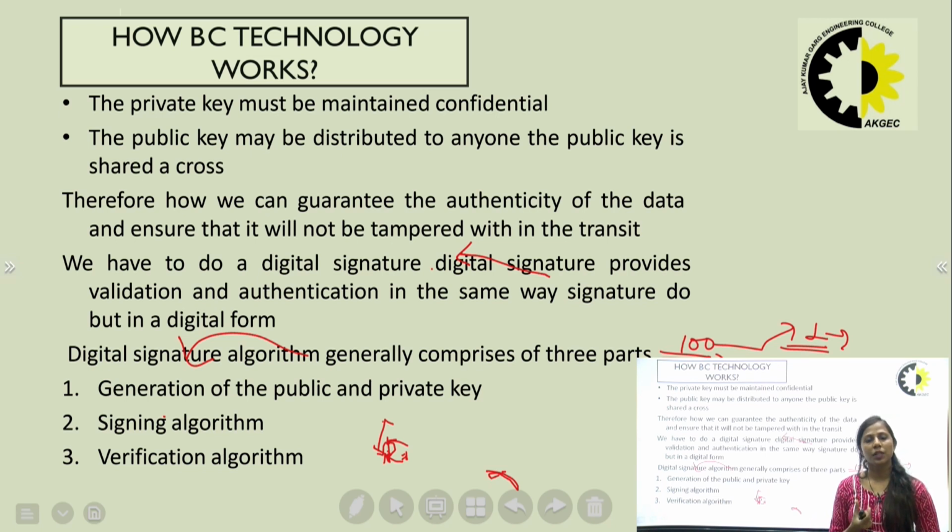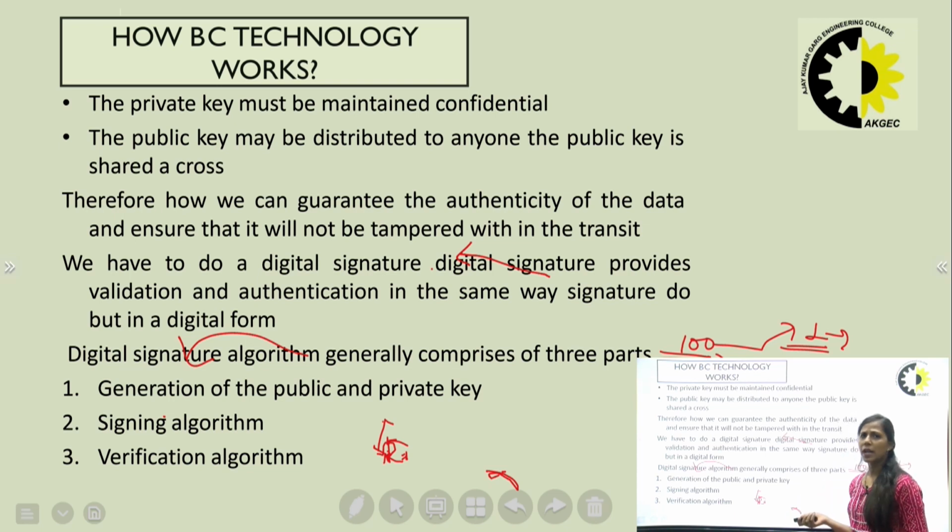What's the use of the signature? It validates that this particular person has done the particular task. Over here also we use the digital signature. It ensures the authenticity of the data and the validation of that person.